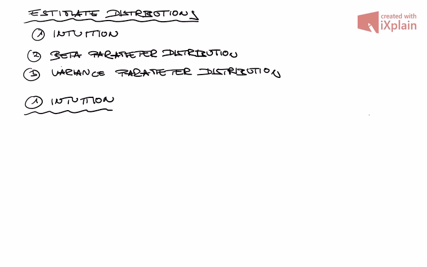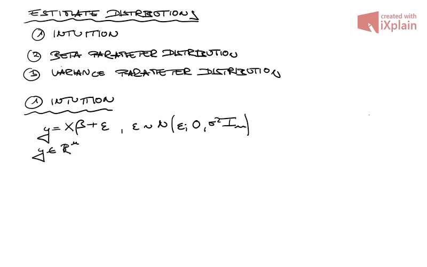So, we are currently at the following stage in our understanding of the GLM. We started out with this equation, where, like always, our y is an n-dimensional vector, the x is an n times p-dimensional matrix that we know.